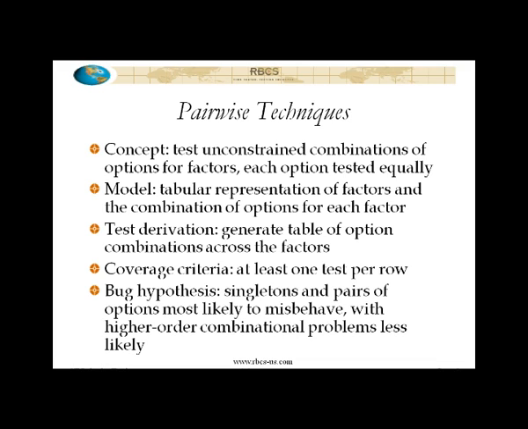Well, what's it going to cost me to cover all the triples? What's it going to cost me to cover all the quadruples? So I think both from a likelihood of finding problems and a cost to find problems approach, or a technique or analysis, it stands to reason that pairwise approaches make a lot of sense.